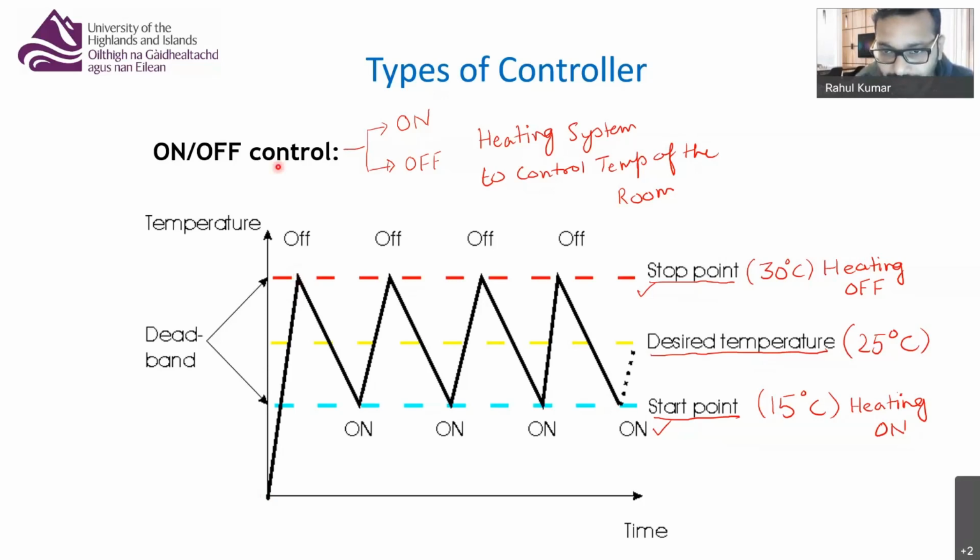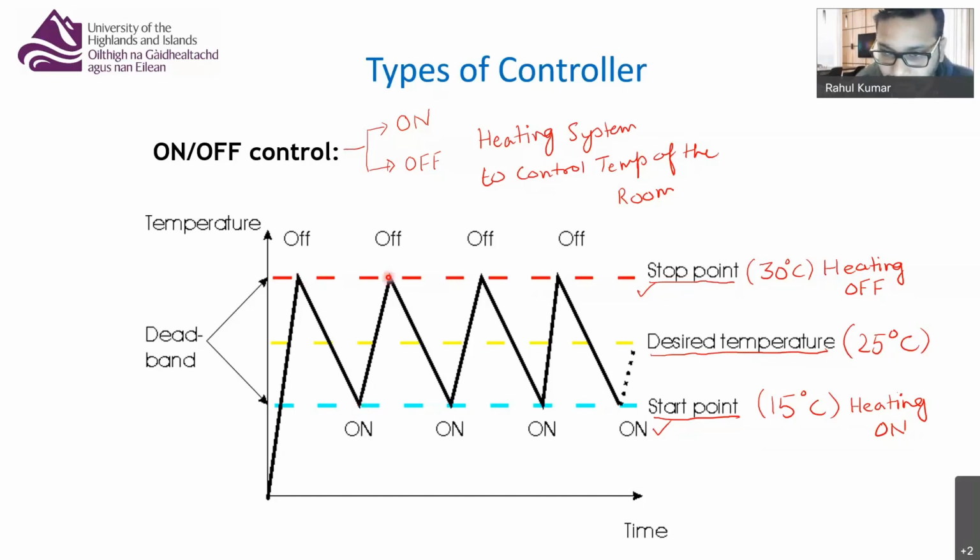Over a period of time, the temperature of the room will slowly and gradually start falling. Once the temperature of the room reaches 15 degrees centigrade, again this on-off controller will turn on the heating, and the temperature of the room will start rising.